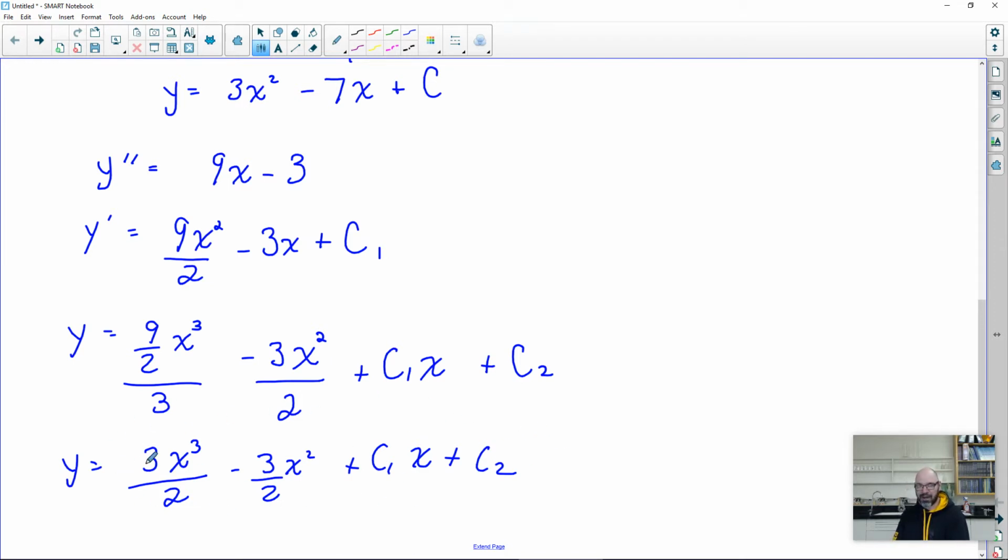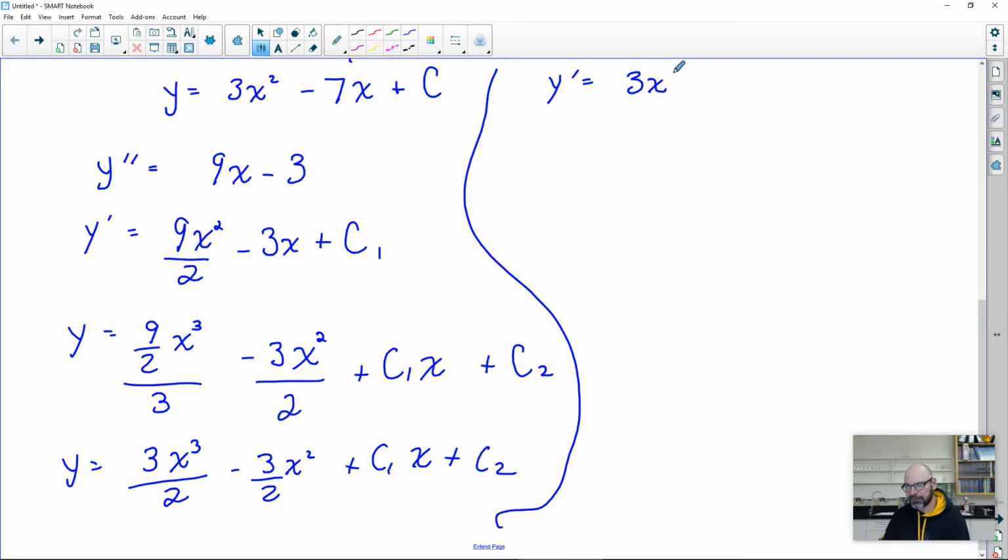So sometimes you can do the antiderivative twice. Those are basic. Now let's do one more, a more complex one. What if I had y prime equals 3x to the fourth minus 8x squared plus 7?